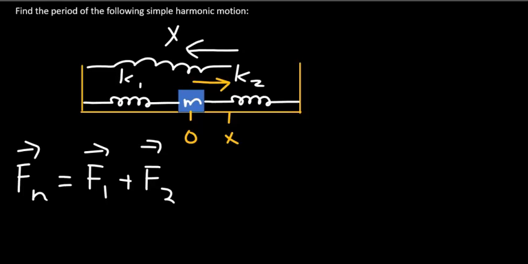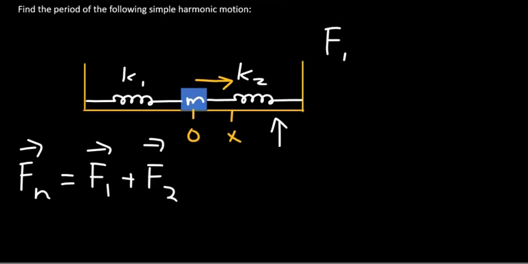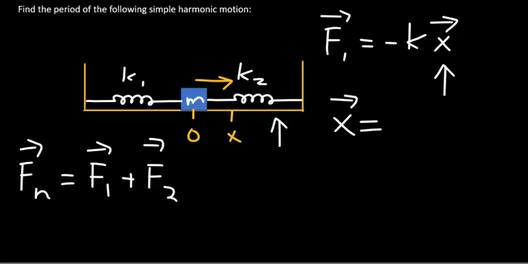So we write F1 equals minus K vector x, where this vector x is the displacement vector. And since the displacement of the mass is to the right, we write vector x as x times i hat, where i hat is the unit vector along the x-axis.